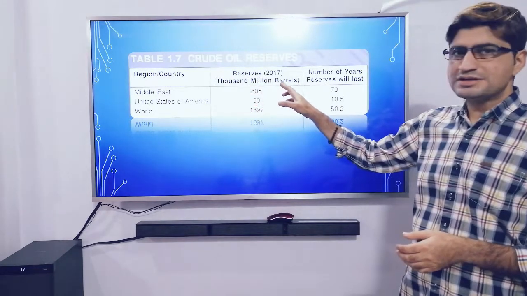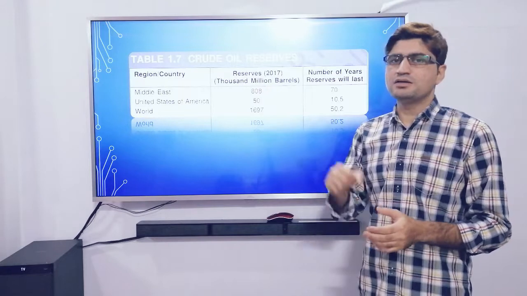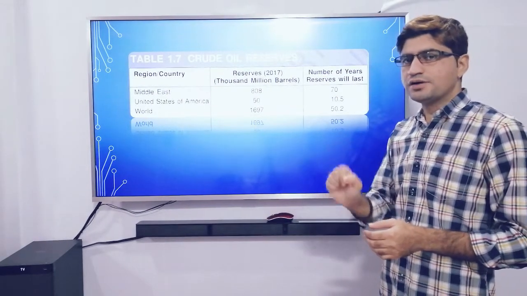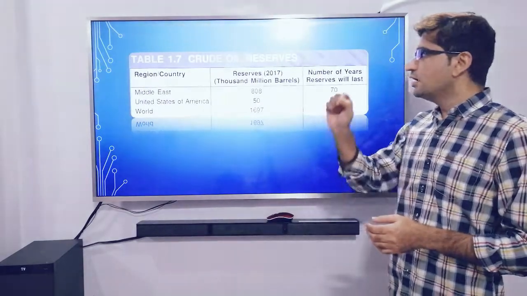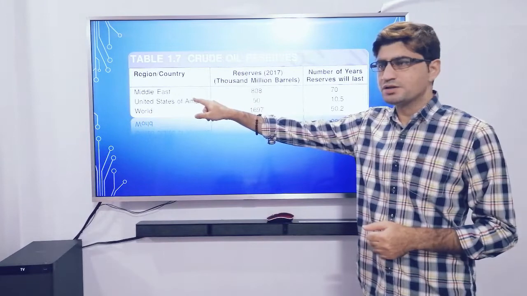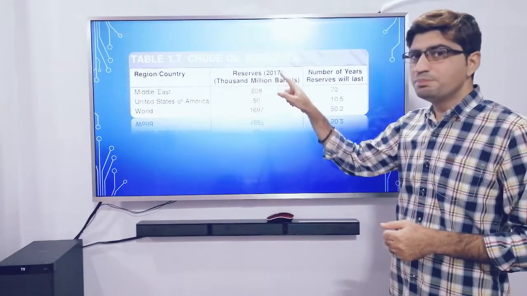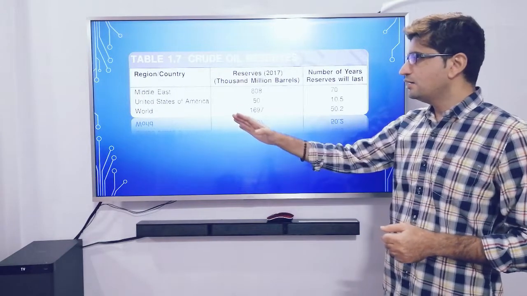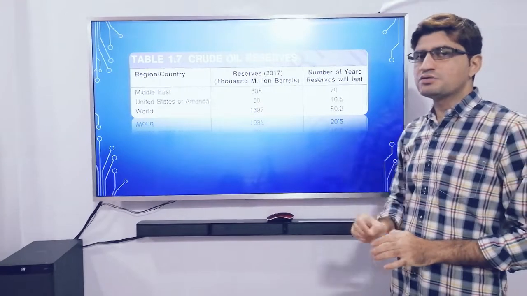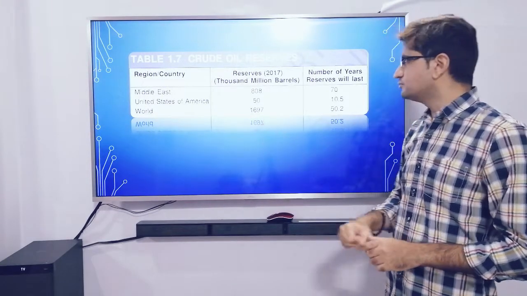In 2017, 808,000 million barrels were reserved only in the Middle East, in the USA 50,000 million barrels, and in the rest of the world 1,697,000 million barrels.